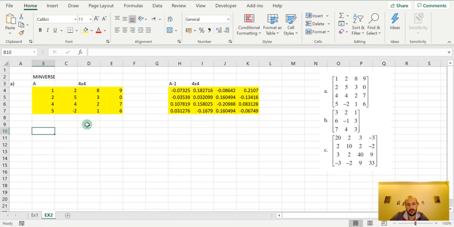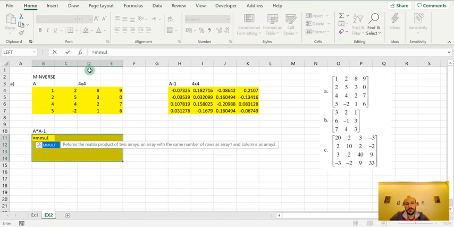Now to make sure that what we have done is correct, we can do the following. Just to make sure our work is right, we can multiply A by A minus 1. So we can multiply both matrices together in this 4 by 4 part. If we put equal M mult, normally the multiplication of A by its inverse will lead to an identity matrix.